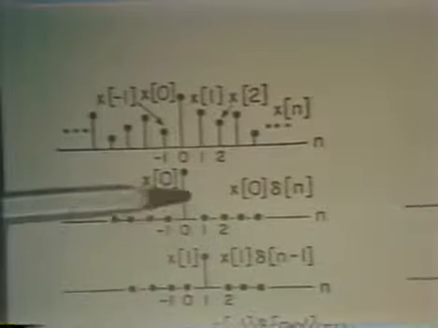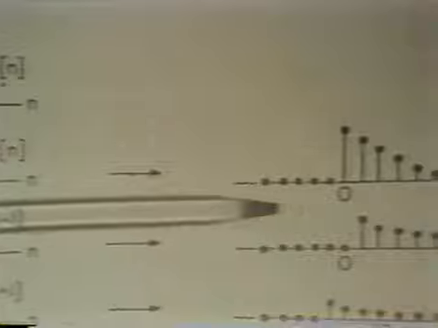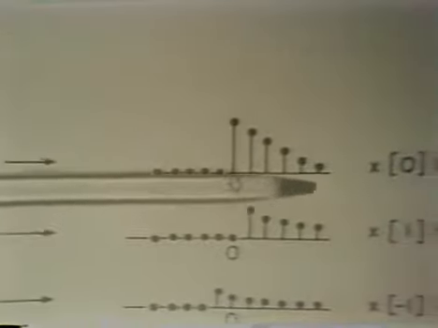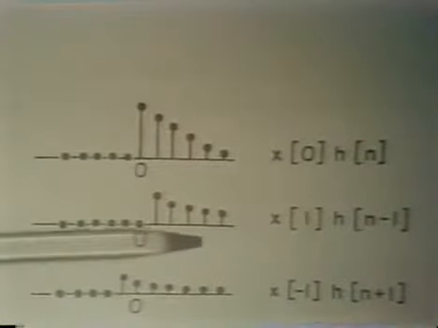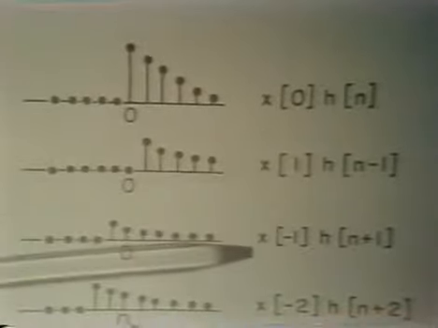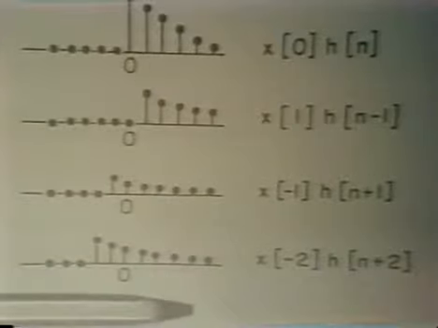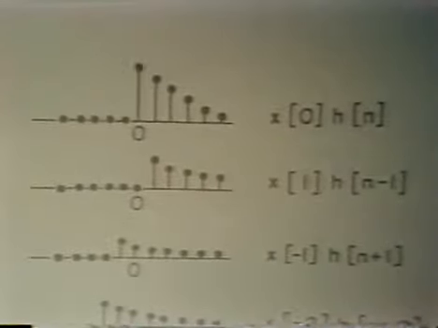If this impulse, for example, generates a response which is x of 0 times h of n, where h of n is the response to a unit impulse at n equals 0, and the second one generates a delayed weighted response, and the third one similarly, and we generate these individual responses, these are all added together, and it's that linear combination that forms the final output. So that's really the way we're thinking about it.